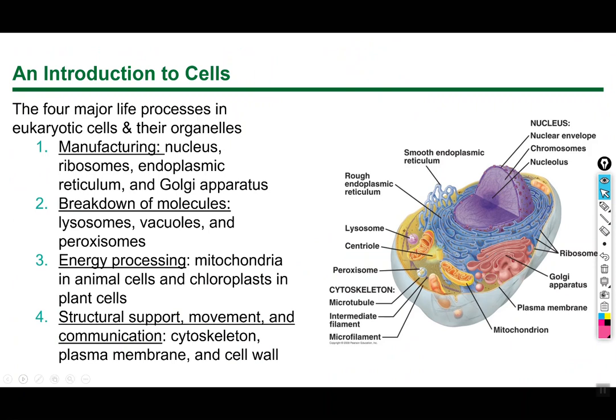So here are sort of the four major life processes. I'm going to use orange this time because reasons. So the four major life processes are just a way to talk about what cells do to stay alive. So I like to refer to these as housekeeping.